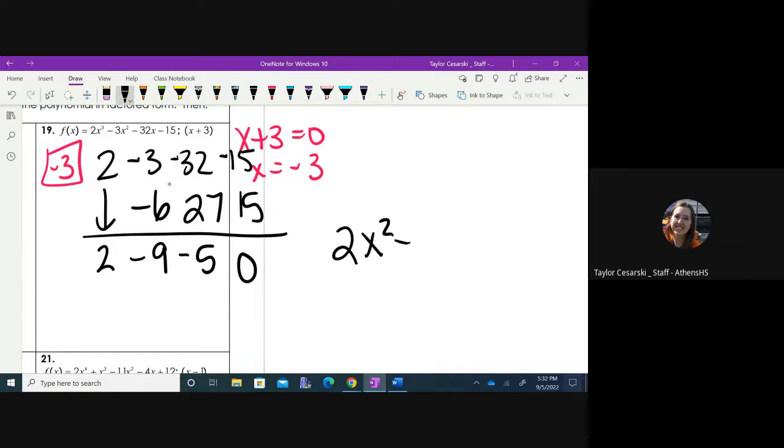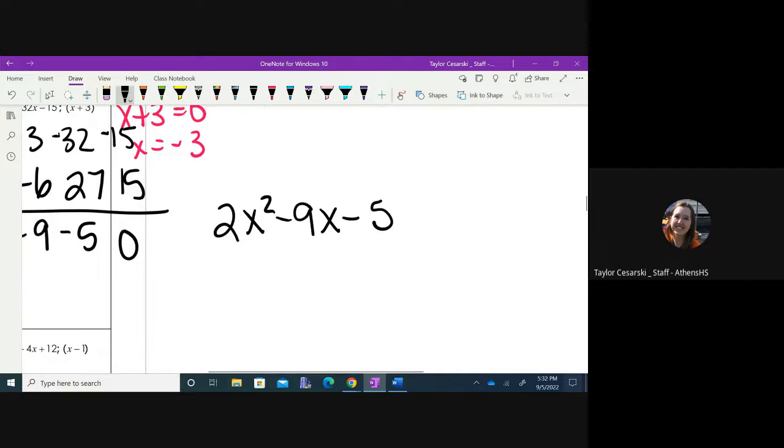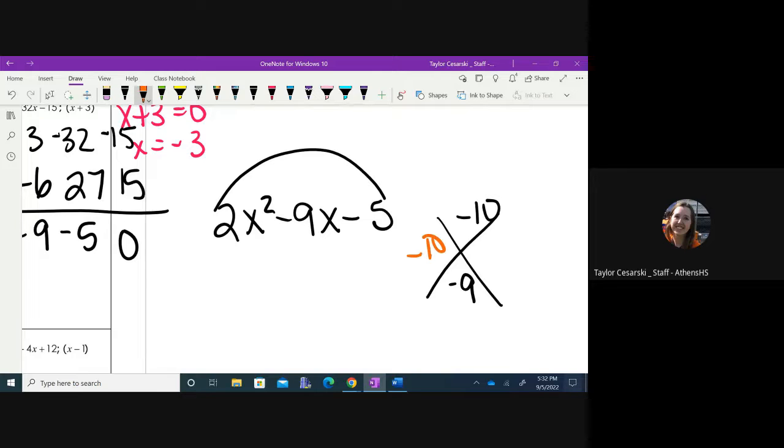So then I have 2x squared minus 9x minus 5, and we need to factor that. So two numbers that multiply to negative 10, because 2 times negative 5, and add to negative 9. Those are going to be negative 10 and positive 1. Okay, so remember there's a couple different ways to factor. I'm going to show you grouping on this one.